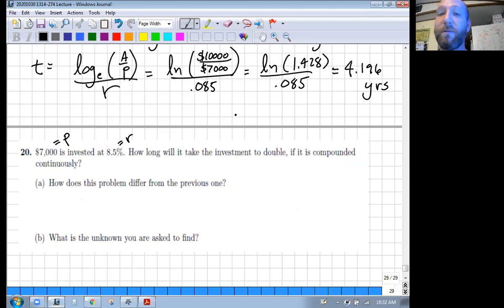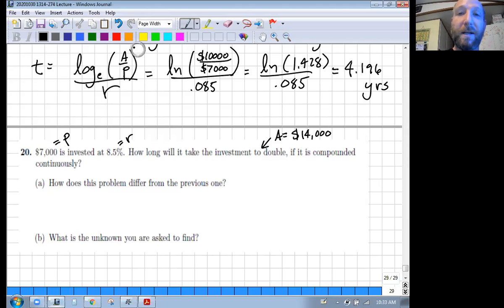So the last one, we wanted to know how long it takes to get to 10,000. Now we're looking at, for it to double, that'd be 14,000. So that's how it differs. Instead of going to 10,000, we're going to twice our original, which would be 14,000.